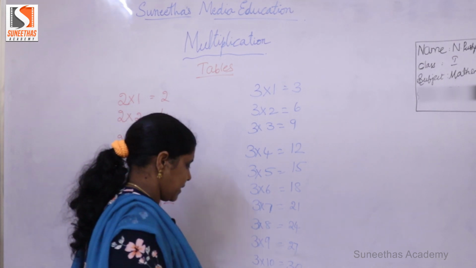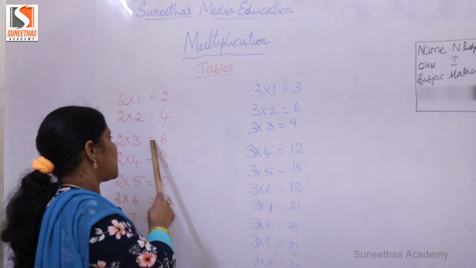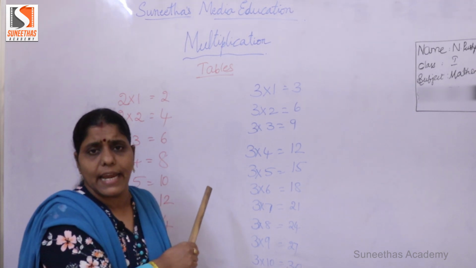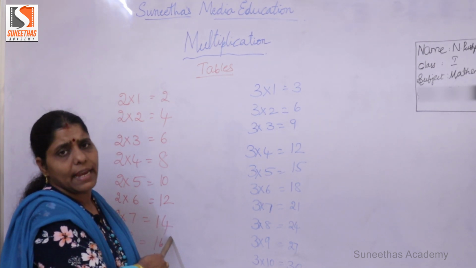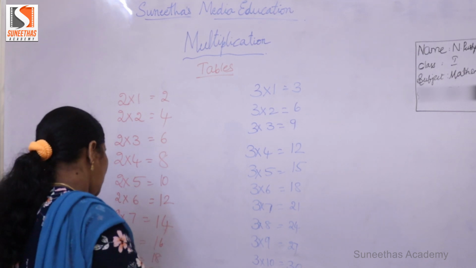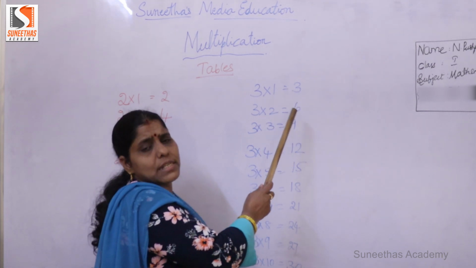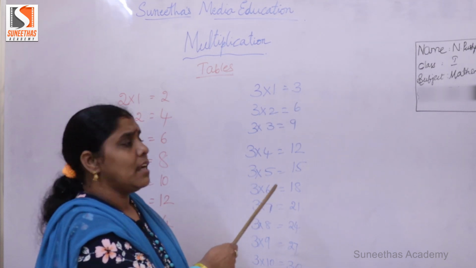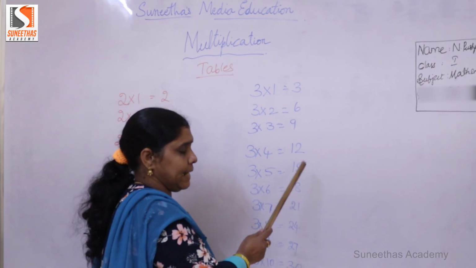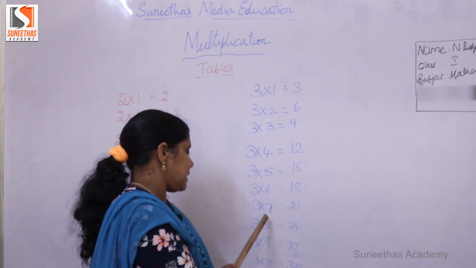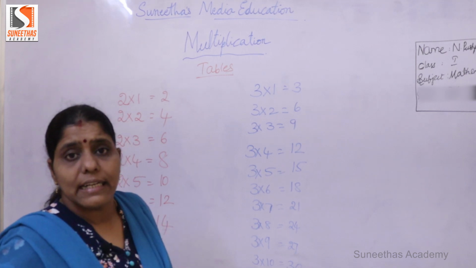Say one time with me, repeat. 2 ones are 2, 2 twos are 4, 2 threes are 6, 2 fours are 8, 2 fives are 10, 2 sixes are 12, 2 sevens 14, 2 eights 16, 2 nines 18, 2 tens 20. 3 ones 3, 3 twos are 6, 3 threes are 9, 3 fours are 12, 3 fives are 15, 3 sixes are 18, 3 sevens are 21, 3 eights are 24, 3 nines are 27, 3 tens are 30.